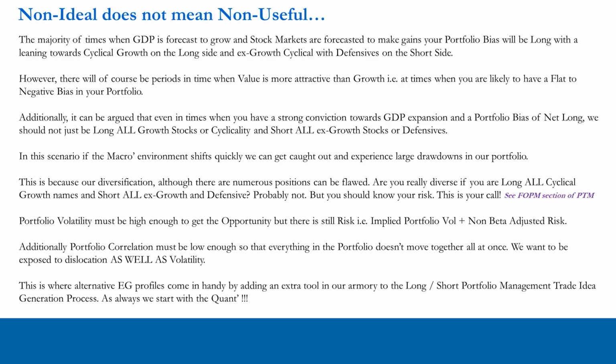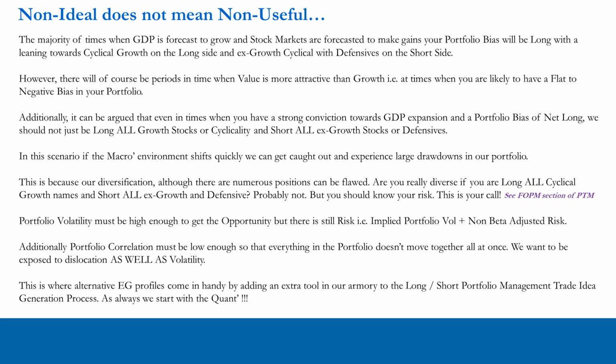Additionally, it can be argued that even in times when you have a very strong conviction towards GDP expansion and a net long portfolio bias, we shouldn't just be always long growth stocks and cyclicality and short all ex-growth stocks or defensives. In this situation, if the macroeconomic environment shifts very quickly, we can get caught out and experience large drawdowns in our portfolio.